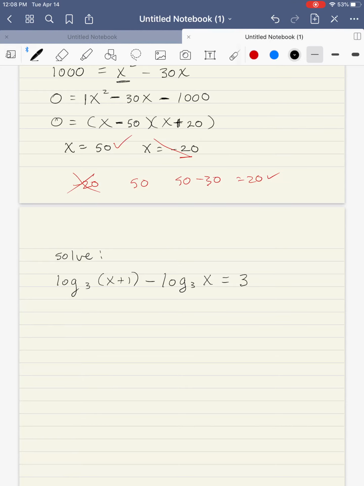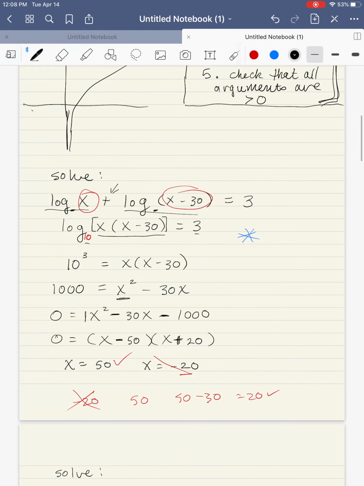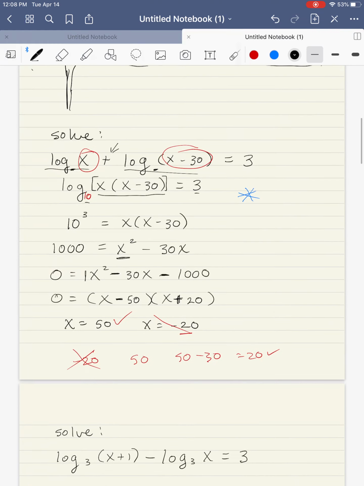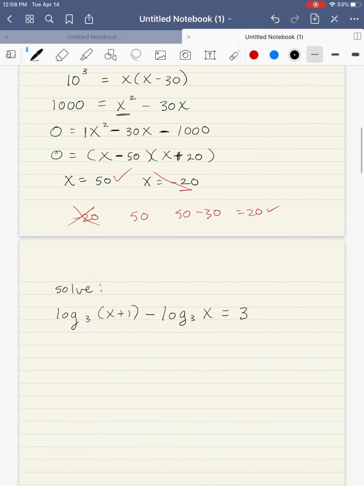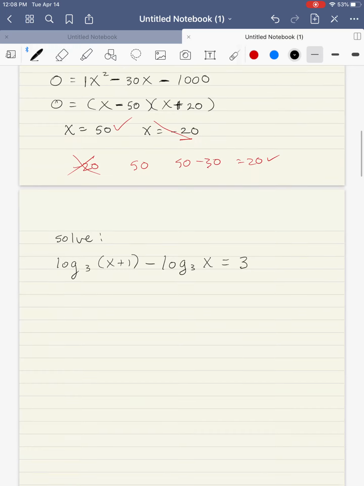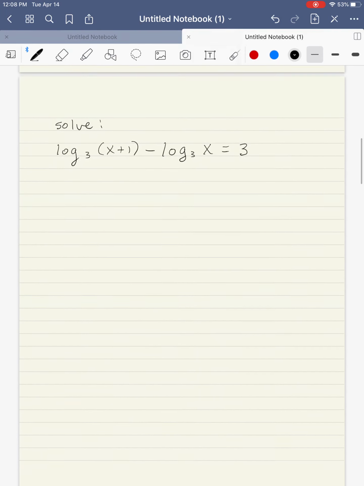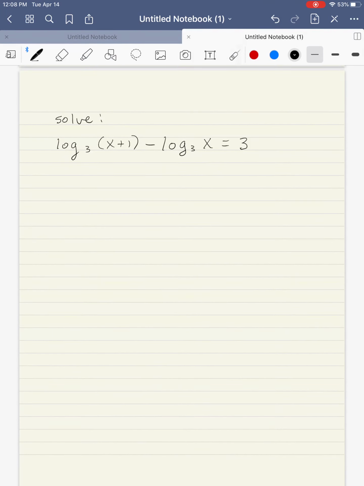All right, and on this one, we have a similar problem. We have logarithms in some of our terms, numbers in some of our terms. So our first step is to get all of our logarithms together on one side, all of our numbers together on the other side.